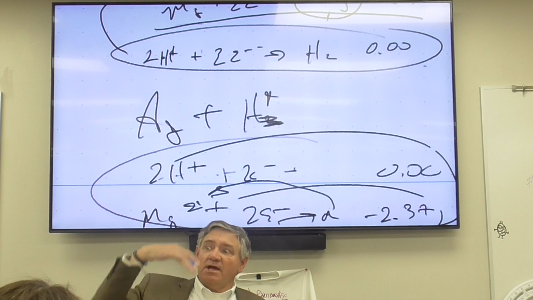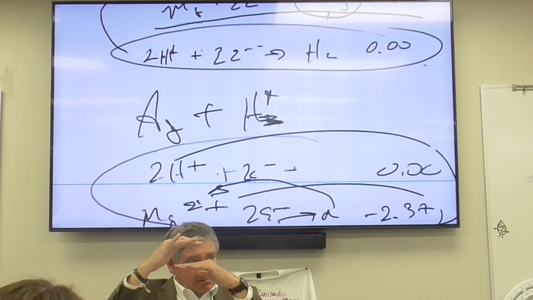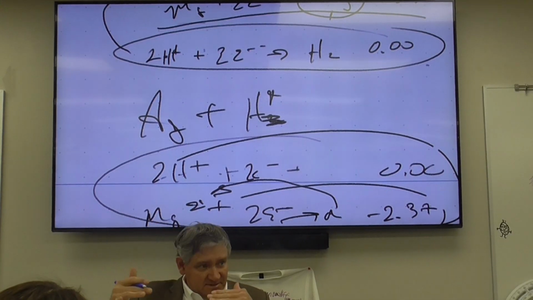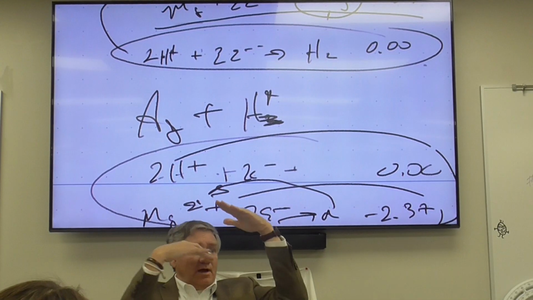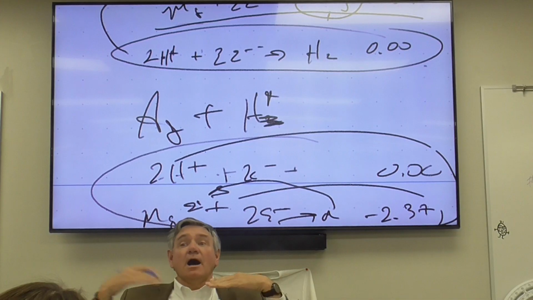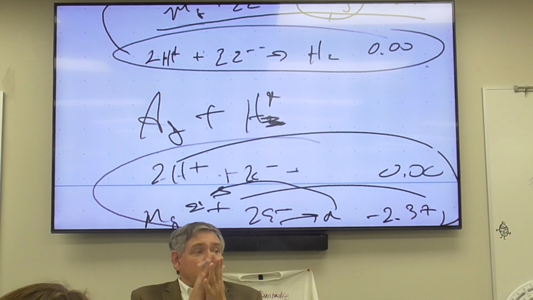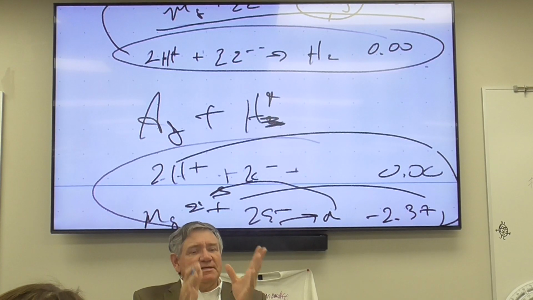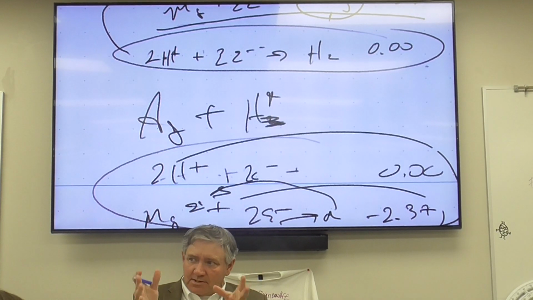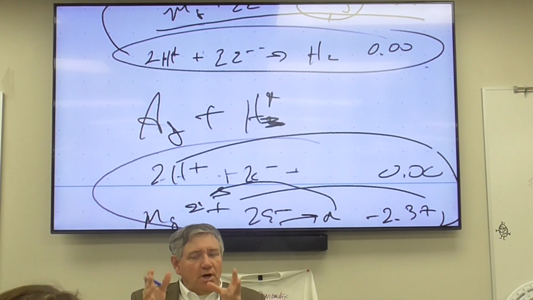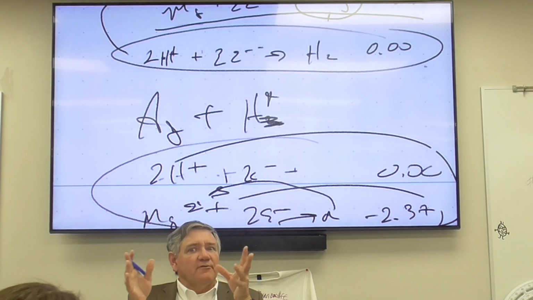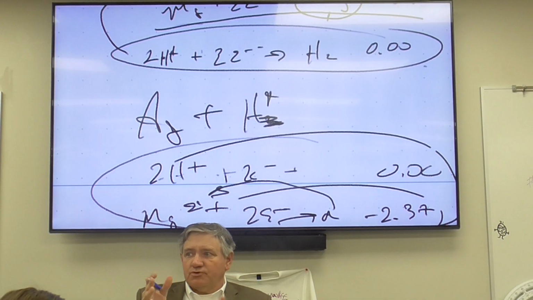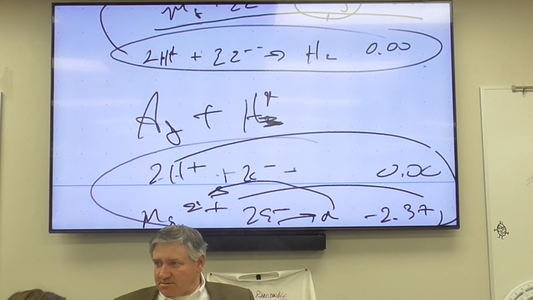If you play the over-under game, if the over is over, as the name implies, the reaction is going to take place. I don't care how you think through it, but come up with one or two reactions you can visualize. Like, I know if I take magnesium and drop that in hydrochloric acid, I'm going to get a reaction. Use that as a model to apply to other thought processes.